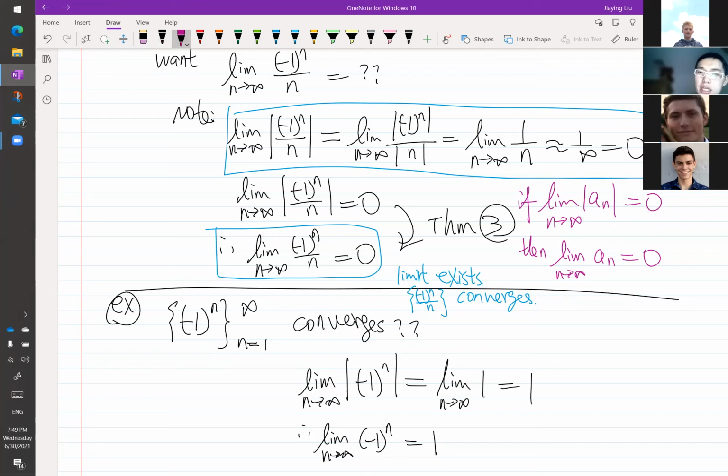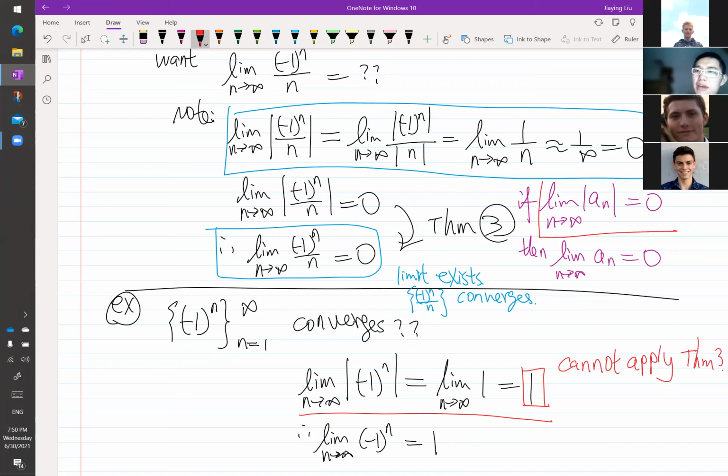No, because this is the way it went wrong. Because the limit of the absolute value is equal to 1, we cannot apply theorem 3, because theorem 3 says if the limit of the absolute value of a_n equals 0, so 0 is key there, then we can draw the conclusion.